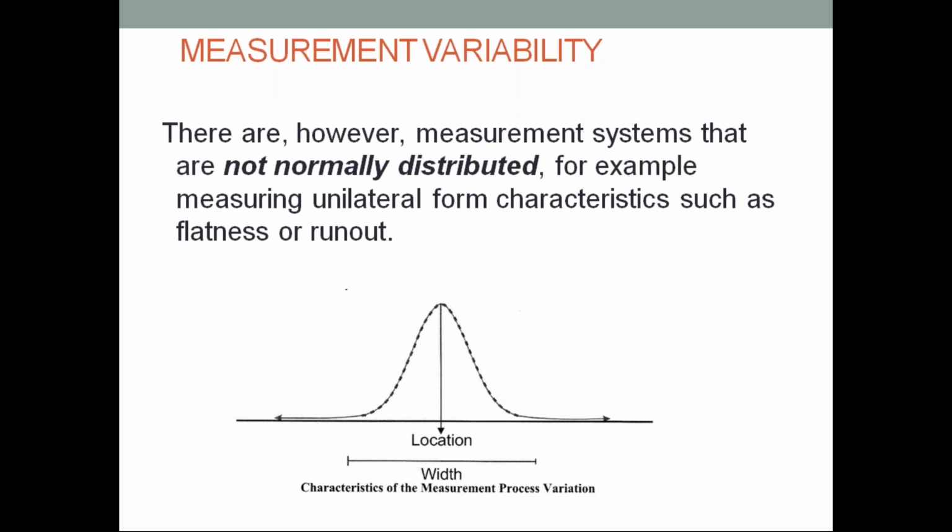There are, however, measurement systems that are not normally distributed. For example, measuring a unilateral form characteristic such as flatness or runout. So chances are, if you're using a measurement system that's measuring something that's not normal to begin with, it's quite possible that the variation you'll see in the measurement system itself is not going to be normal.